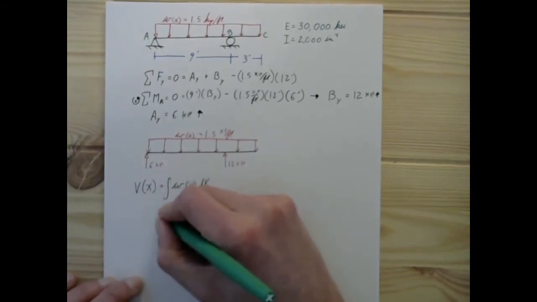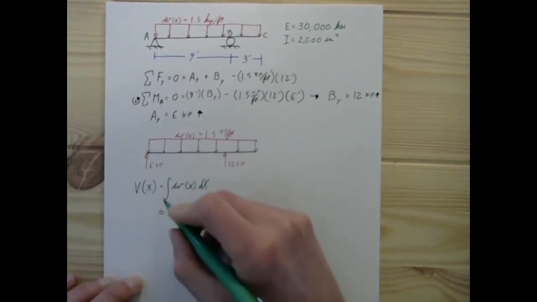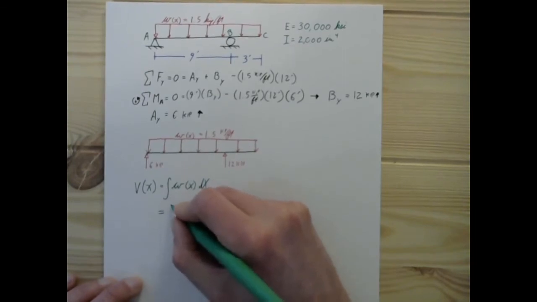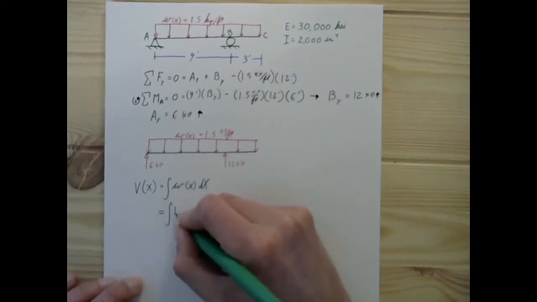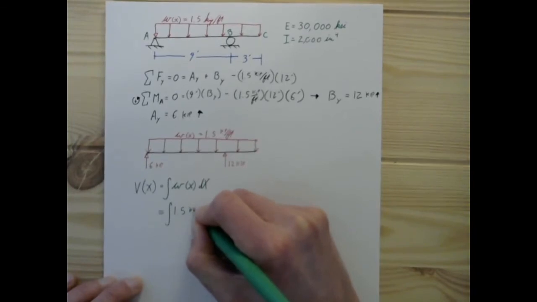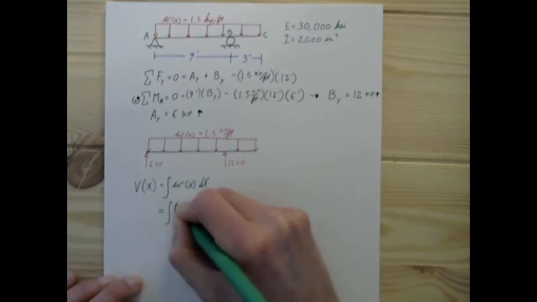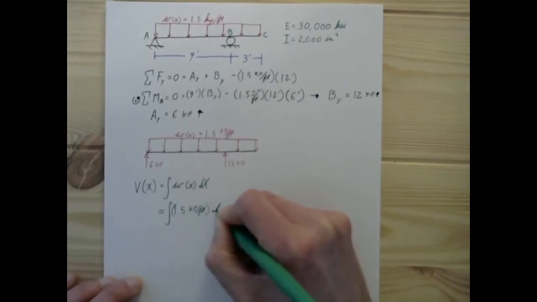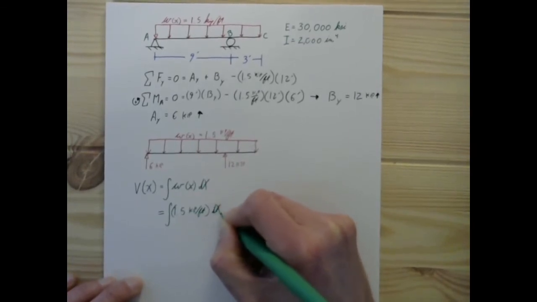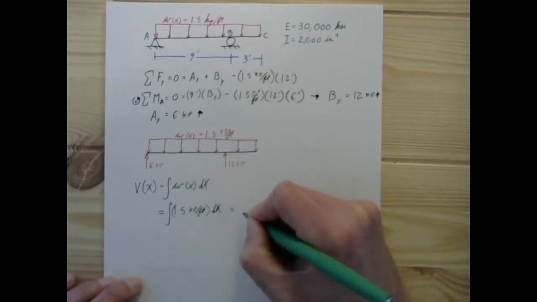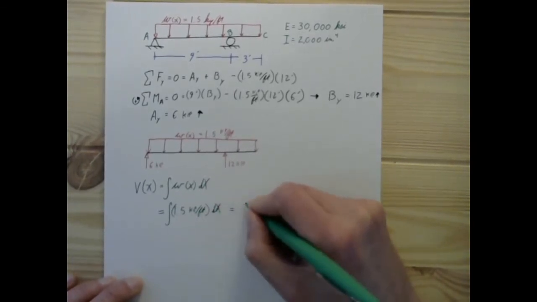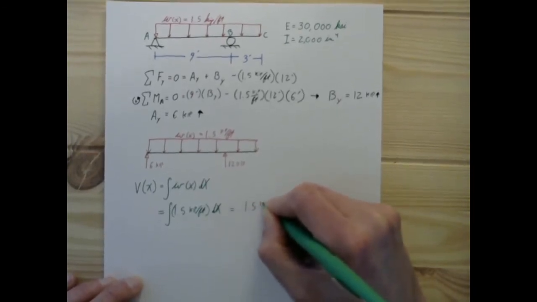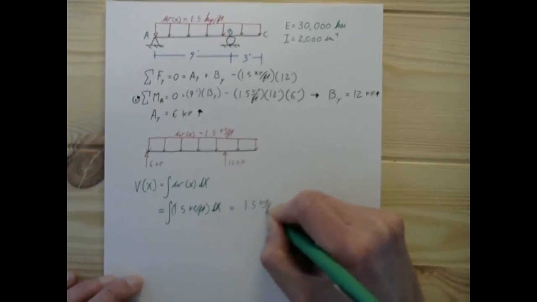So from A to B, that's going to be the integral of 1.5 kip per foot dx, which is going to be 1.5 kip per foot times x.